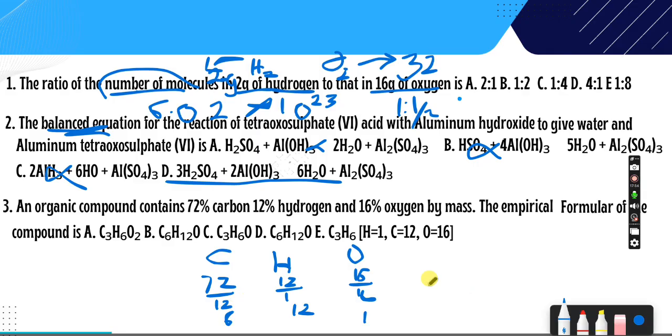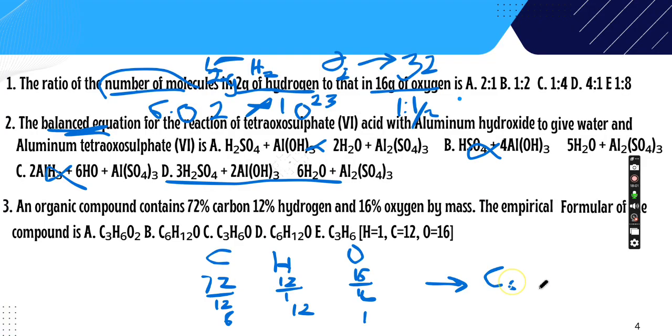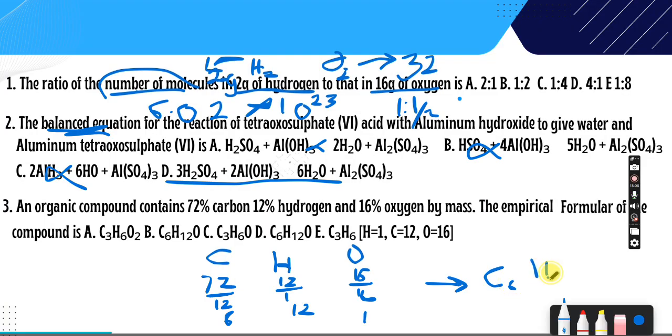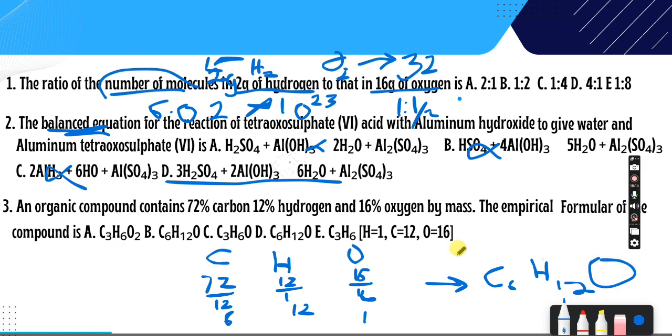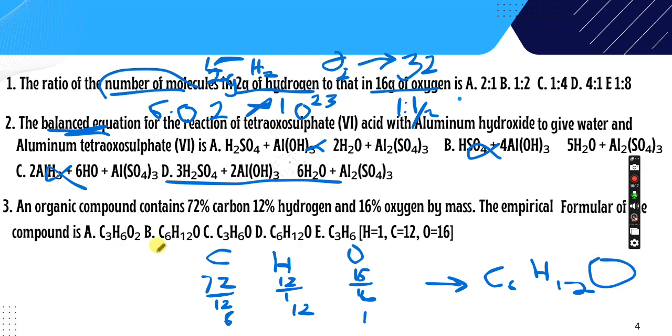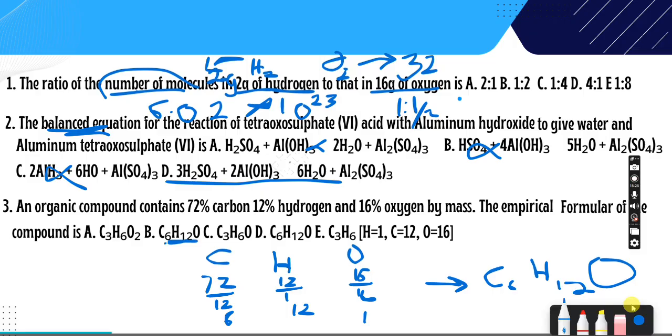So the empirical formula will be C6H12O, and 1 oxygen, because O1. So let's see which one is correct. We have C6H12O. I think this is our answer. We don't need to disturb ourselves.